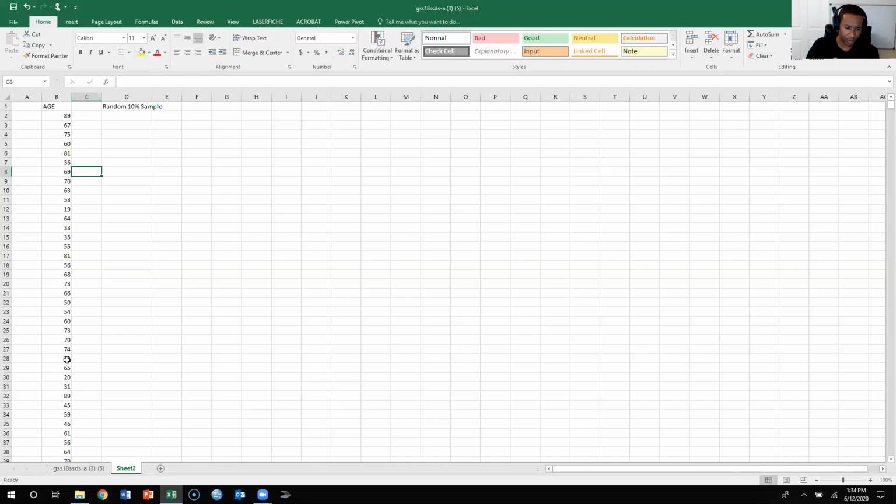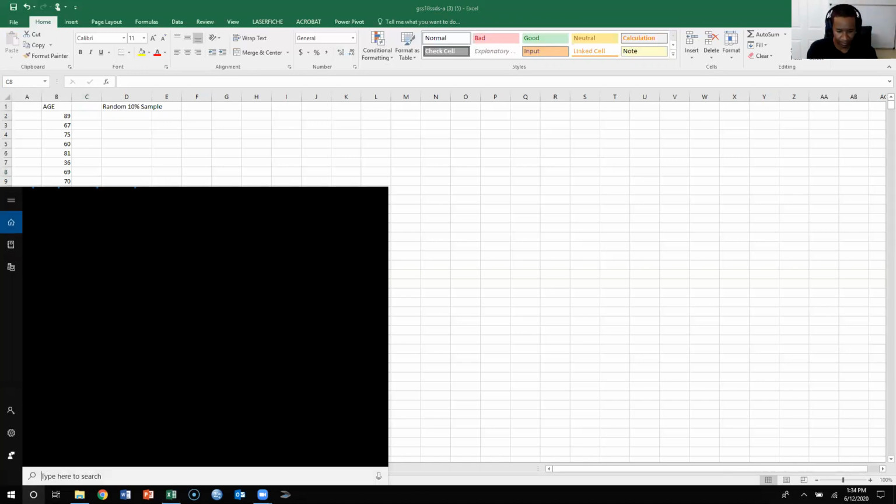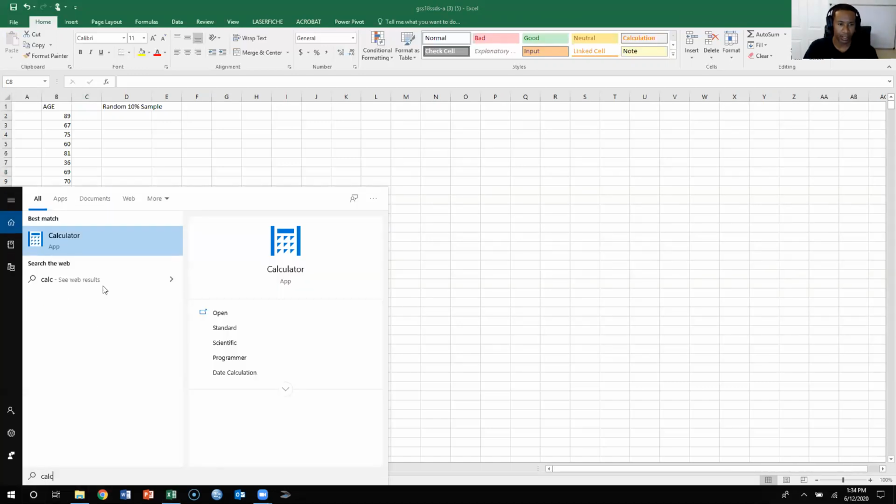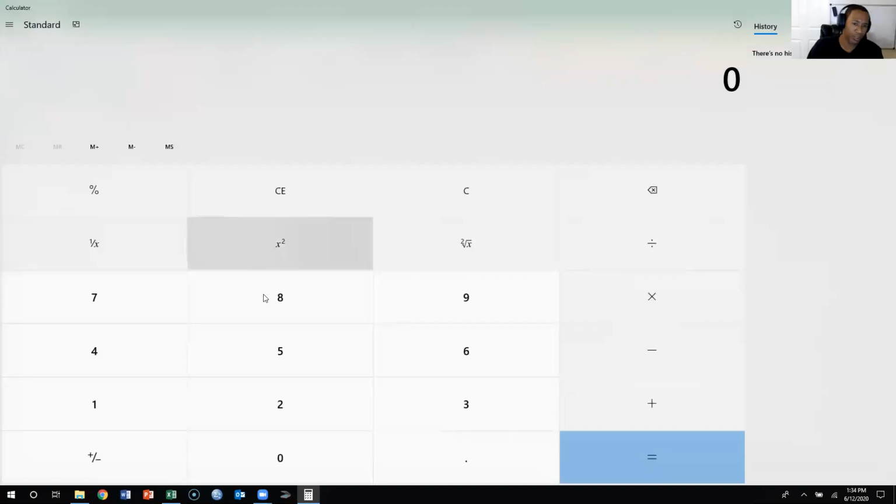you would use a calculator, and then you would take the N, which we know the sample that we have in our data set is 1,500, and then we would multiply that by 0.10, which we know is the proportional equivalent of 10%, and then you would get 150. And you can do this for any percentage. Let's just say I wanted 25% of the data set.